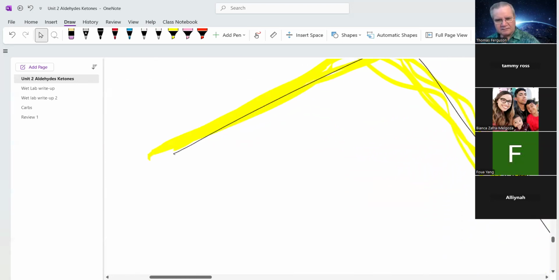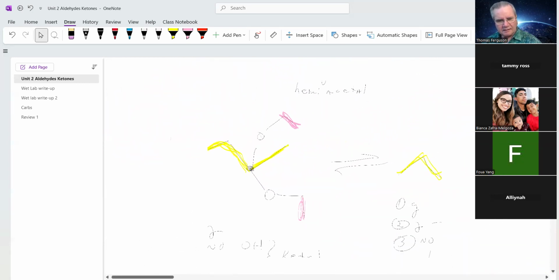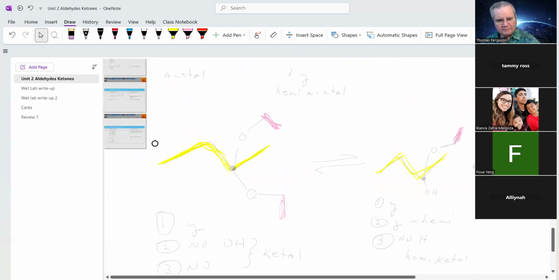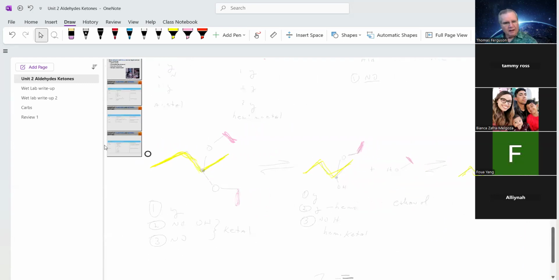Okay, so that's it for aldehydes and ketones. In the next test, you can have 3x5 cards, by the way. And all the rest of the tests, you can have 3x5 note cards for the test. So are there any questions about this guy? Aldehydes and ketones.